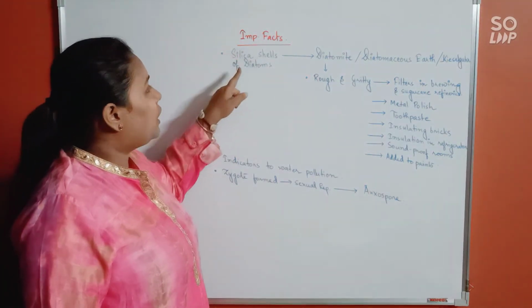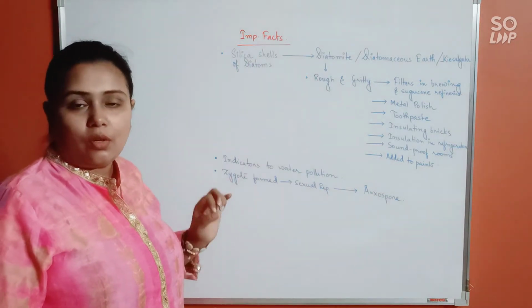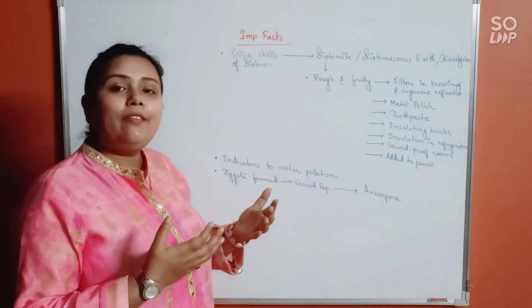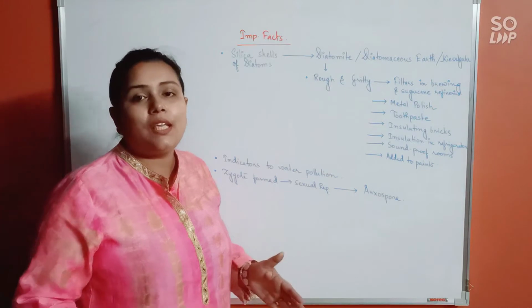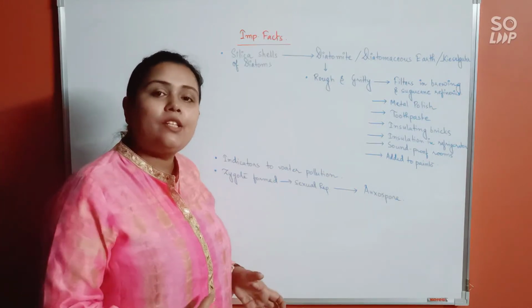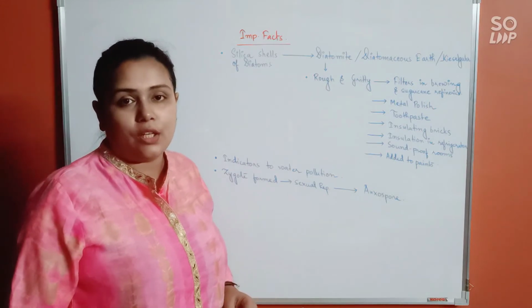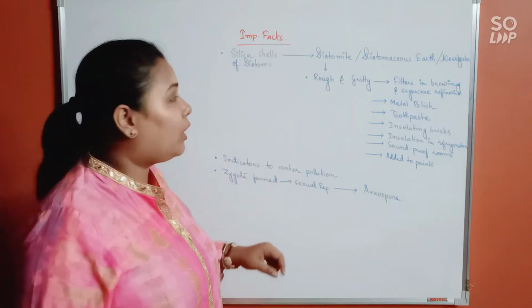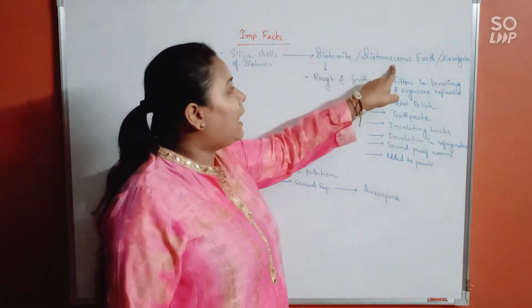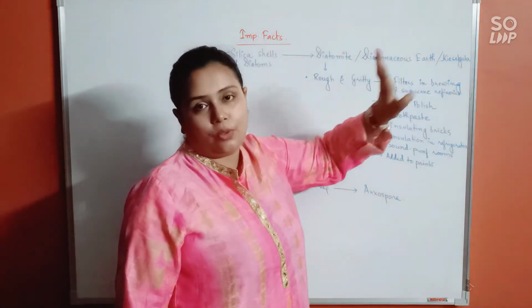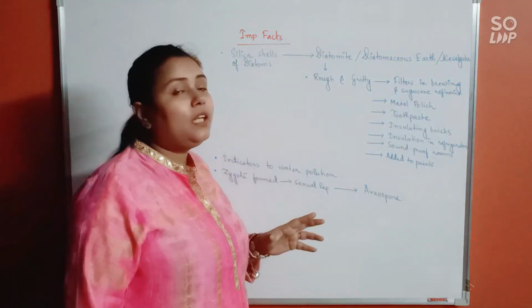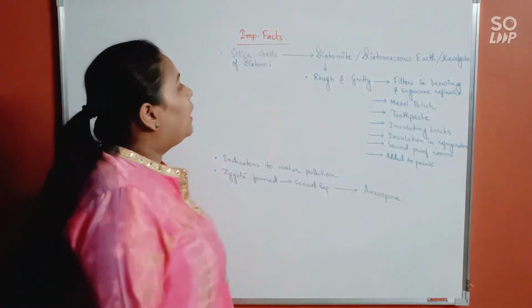So the silica shells of dead diatoms will sediment out in the seabed. And then they are extracted from the seabed for various commercial utilizations, and we call it diatomite, diatomaceous earth or Kieselguhr.